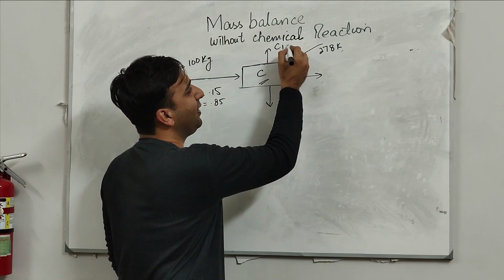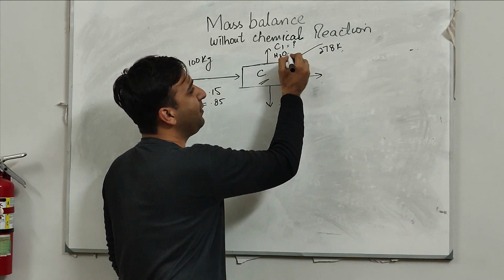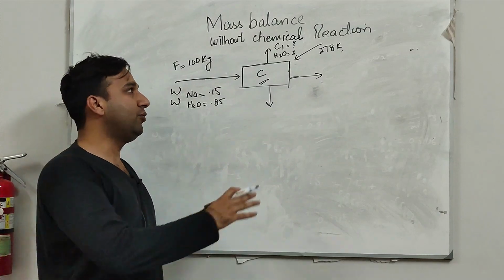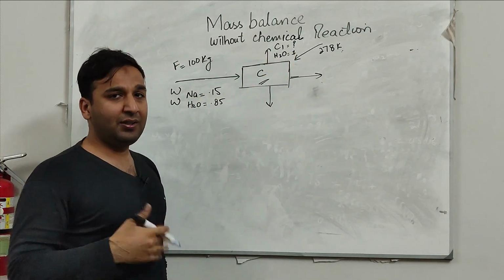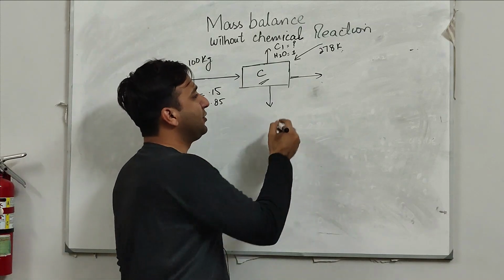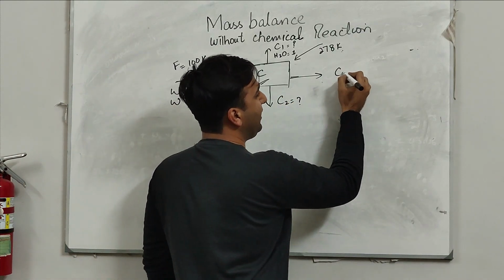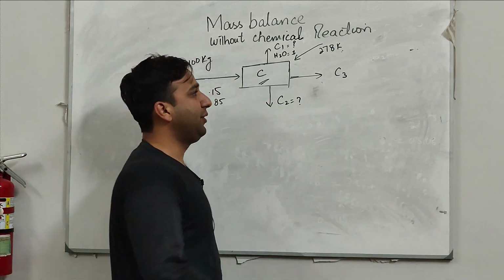So for water I will write C1, and the mass fraction will be all water, because according to the problem no sodium carbonate is leaving with the water that is being evaporated. Here C2 will be for our mother liquor and C3 will be for the crystals that have been produced.